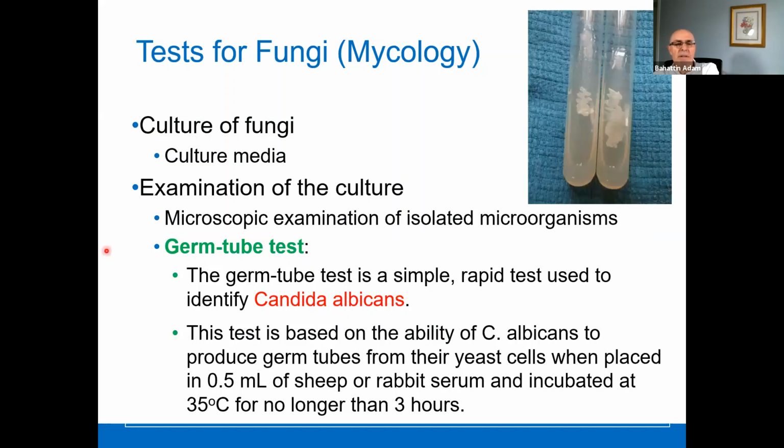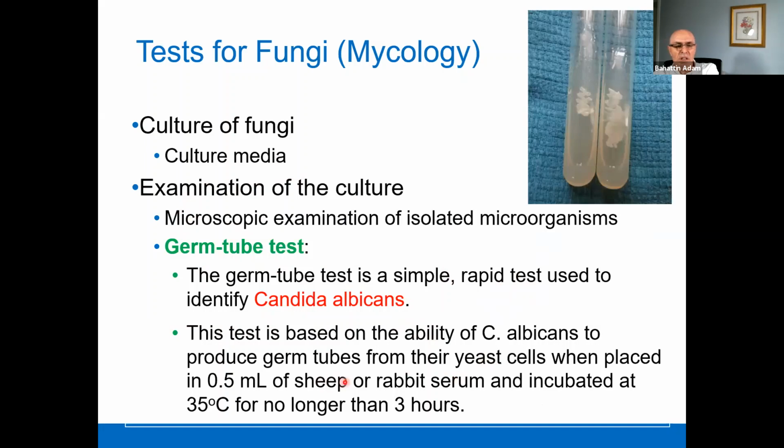Okay. As I said, the culture media for fungi is special. Here is an examination of the culture. The germ tube test is a technique that we're using to identify Candida albicans.